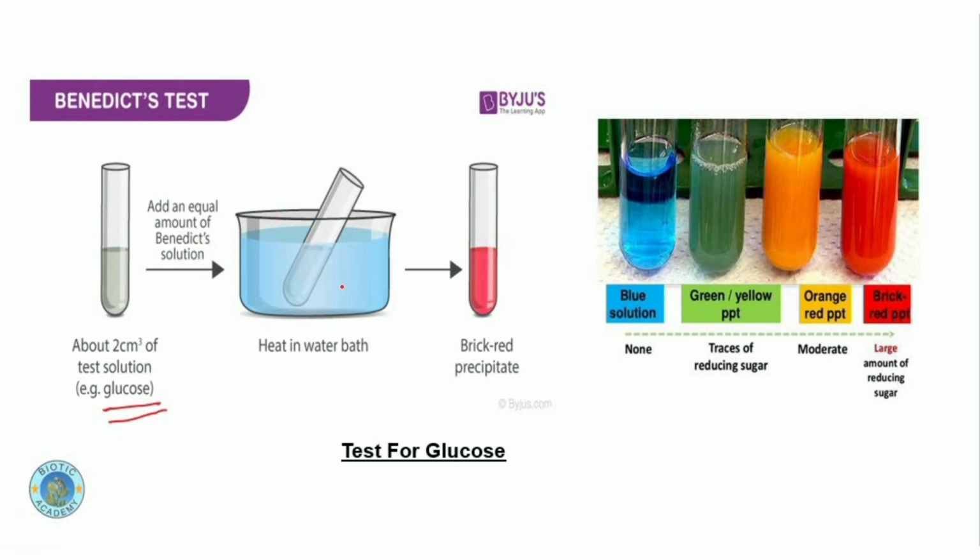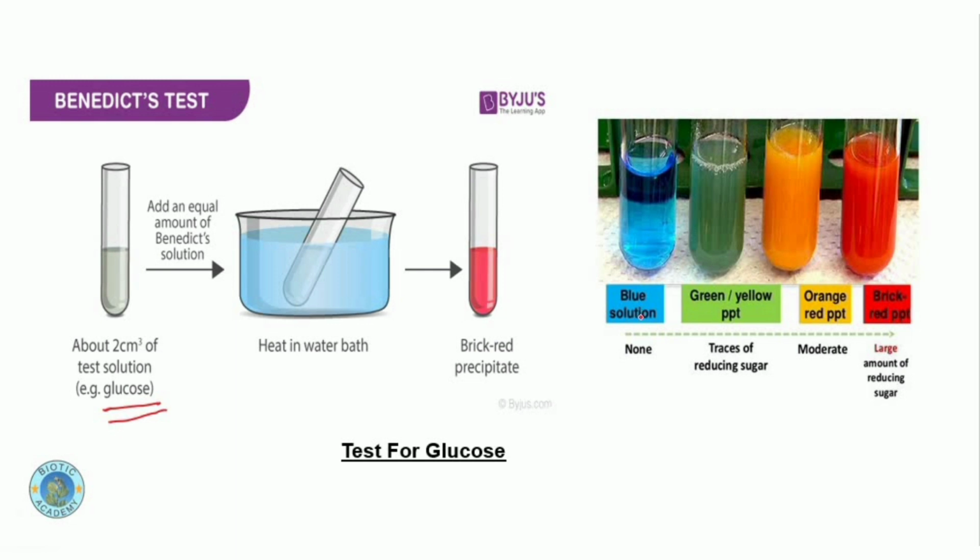So the Benedict solution, when it is kept in warm water or in a water bath, will start changing color, and you can see the different transitions of color here. These color changes give us an idea about the concentration of reducing sugar present in the food sample. For example, if the color of the test tube appears blue, that shows that it doesn't contain any glucose.